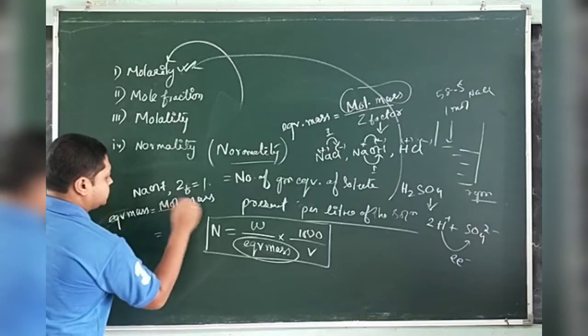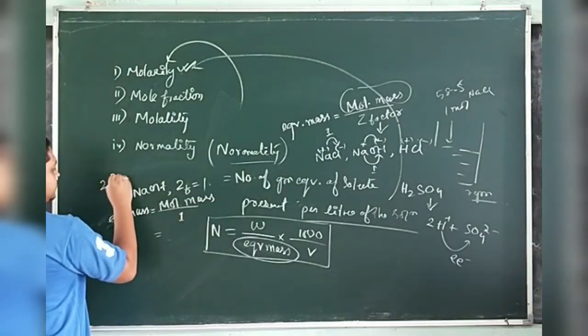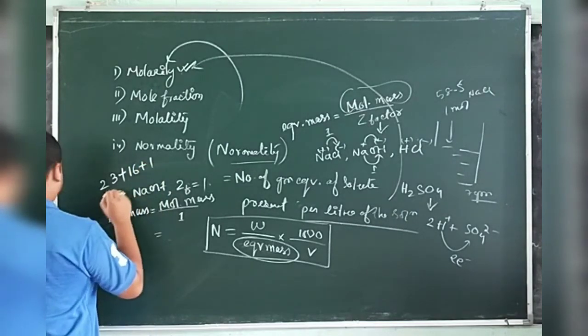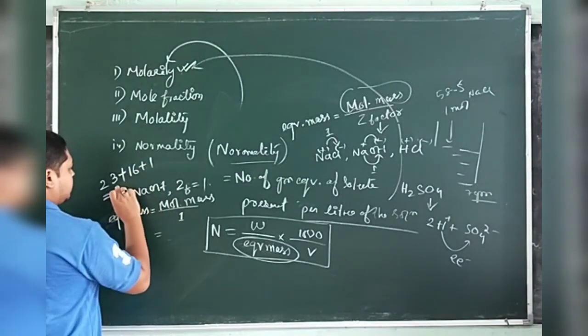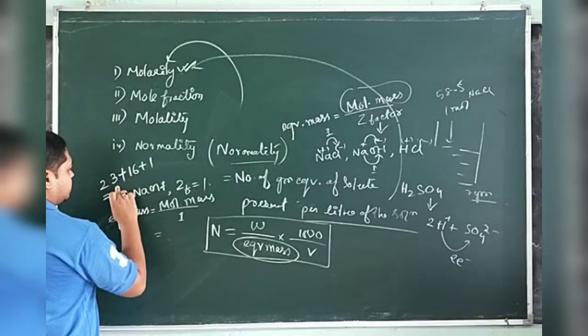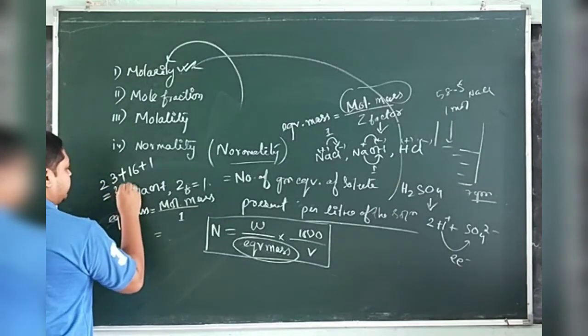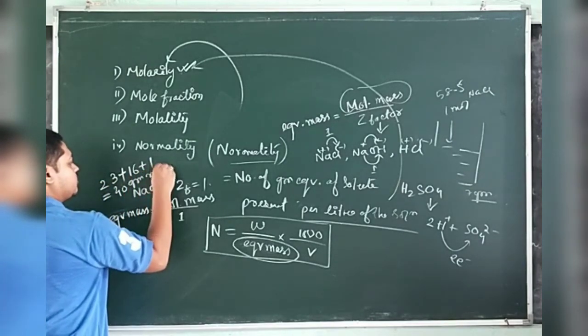The mole mass of sodium hydroxide is 23 plus 16 plus 1, that is 40 gram per mole.